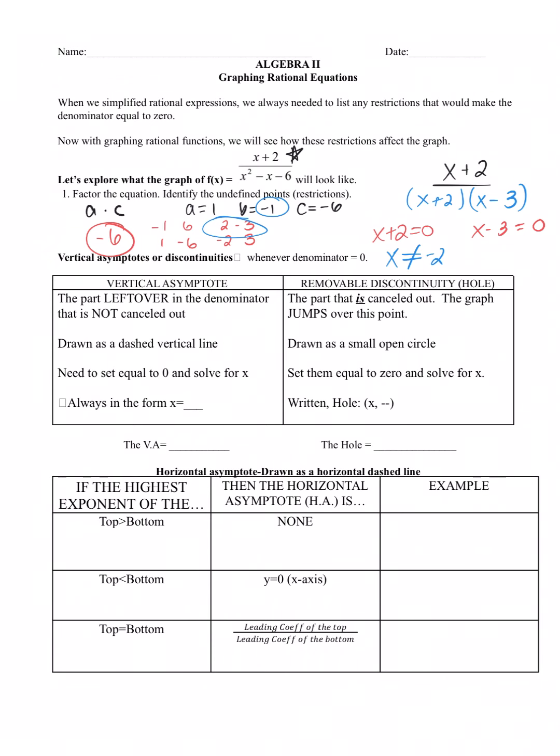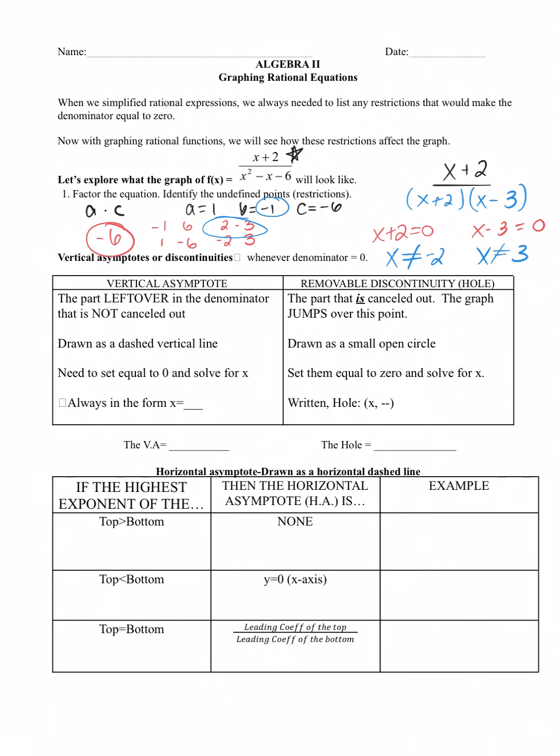We are not finding what x equals. We are finding what x cannot equal. Then I'm going to do the same thing with my second equation, only this time, I'm going to add 3 to both sides. So in this case, x cannot equal positive 3, okay?